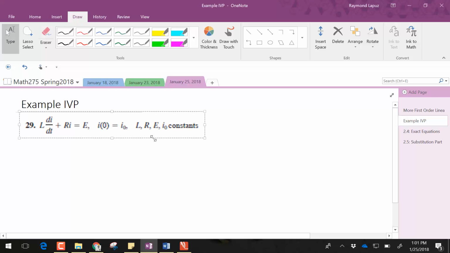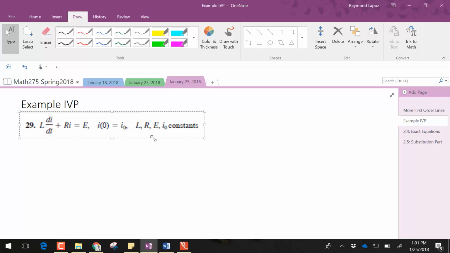And what we have here are a bunch of constants. So that'll simplify our integrals. So identify the independent variable and the dependent variable. So it looks like the independent variable is t, and then I is a dependent variable.